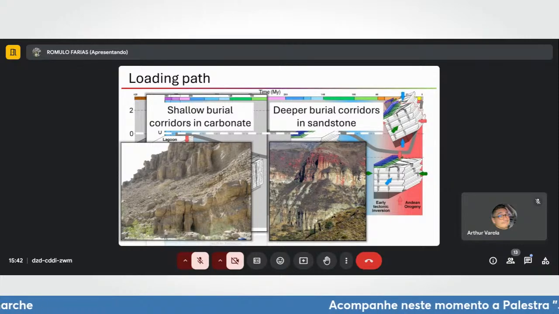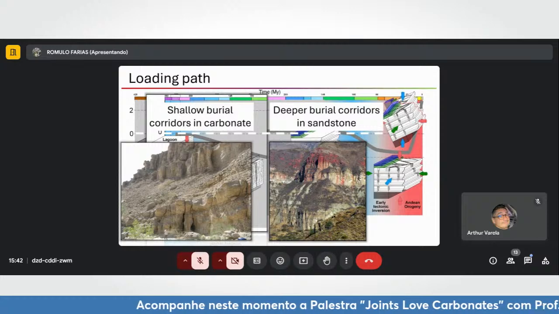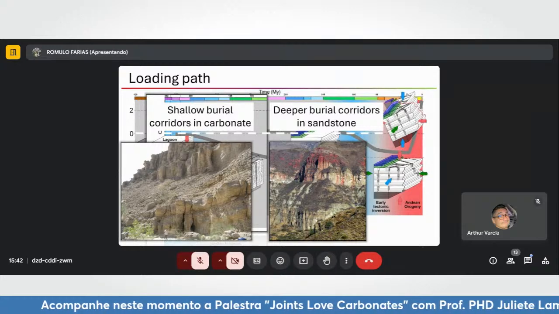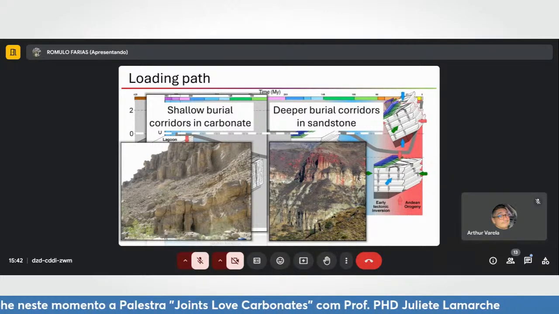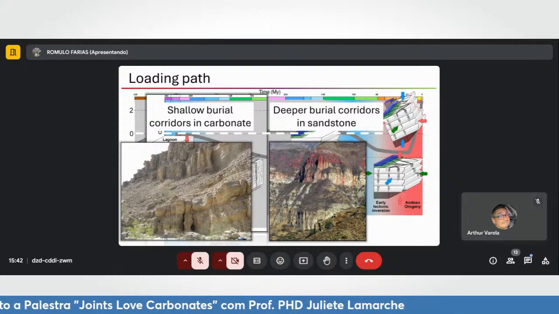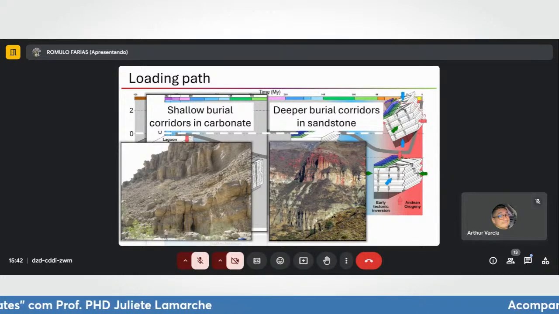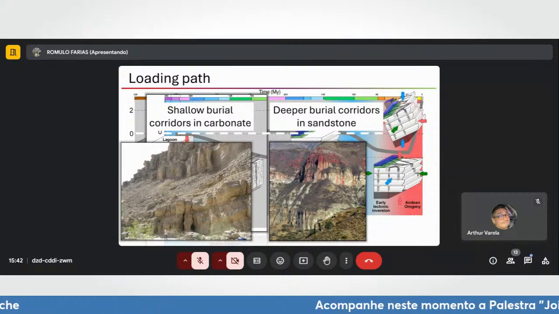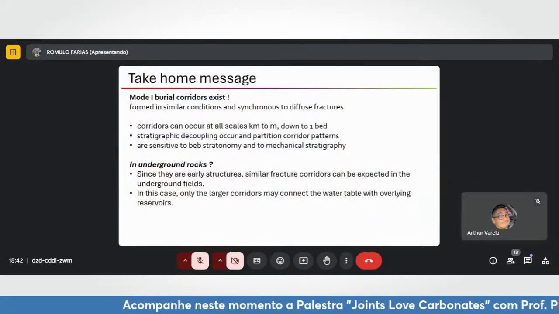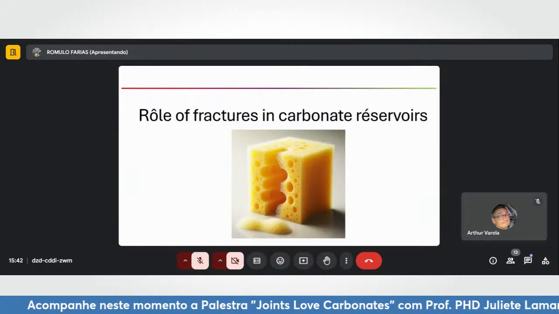So you have a corridor here in the carbonates. Here's a weak rock, and the corridor is continued here. And you get exactly the same in the sandstones. So the same sensitivity to the lithology, same size, same everything, except that this one is early and this one is late. So you got the take-home message already.